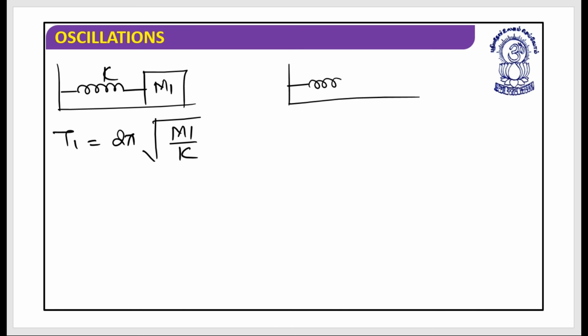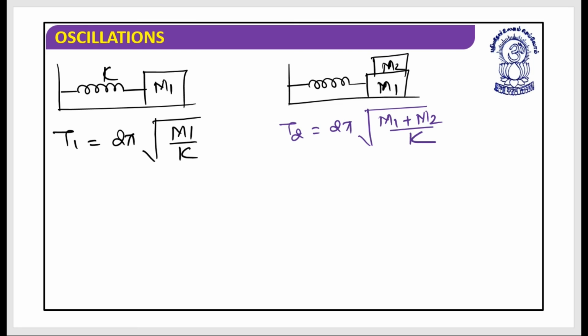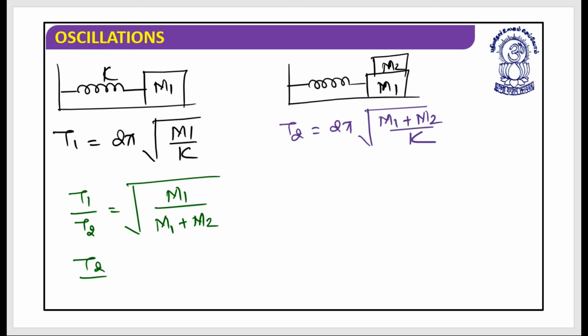When we have added one more block, m1 with m2 on it, T2 is equal to 2 pi root of (m1 plus m2) divided by k. If such is the situation, then I can have T1 to T2 equal to under root of m1 divided by (m1 plus m2). As I have been asked T2 to T1, I will just invert this ratio. This is equal to root of (m1 plus m2) divided by m1. I hope this is clear.